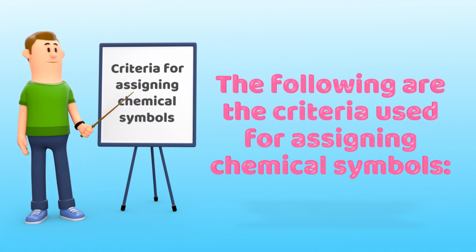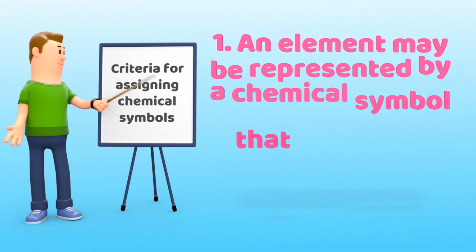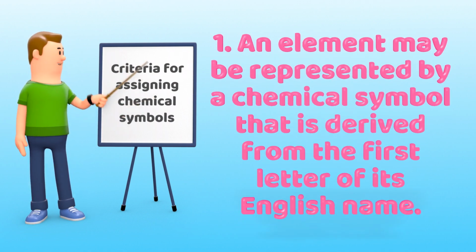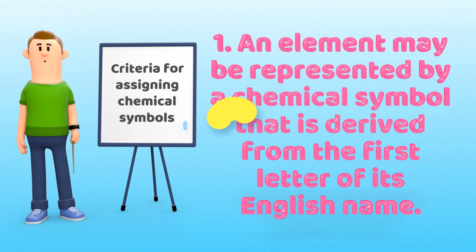Now, the following are the criteria which we use when assigning chemical symbols. The first rule is that an element may be represented by a chemical symbol that is derived from the first letter of its English name.